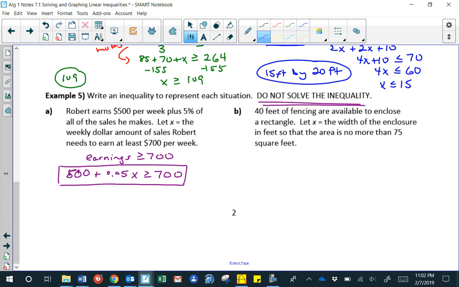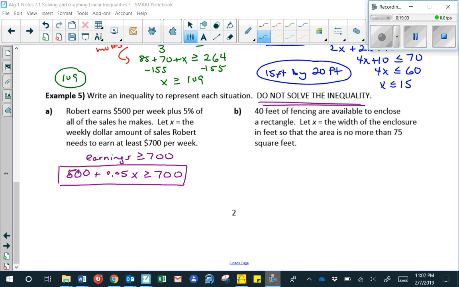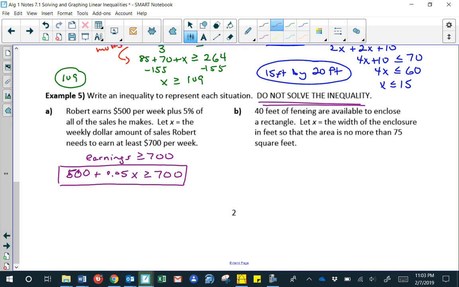In B, 40 feet of fencing are available to enclose a rectangle. Let x be the width of the enclosure so that the area is no more than 75 square feet. So what we know is that there are 40 feet of fencing available. And again, fencing around a rectangle is its perimeter.